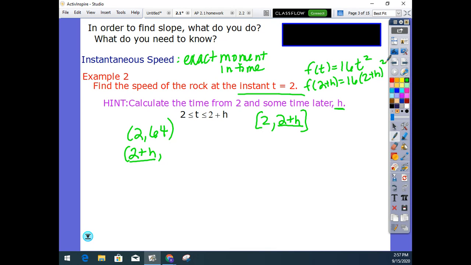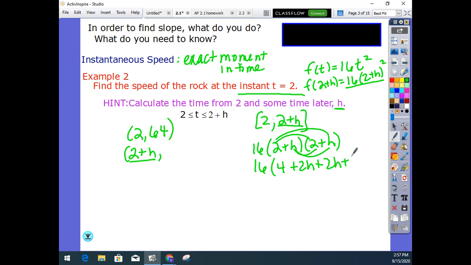Be very careful calculating this. This is 16 times (2 plus h) squared, which is 16 times (2 plus h) times (2 plus h). Be careful. I'm going to distribute: 4 plus 2h plus 2h plus h squared.